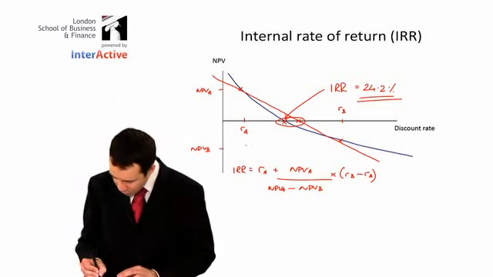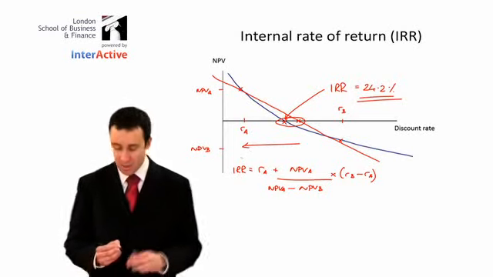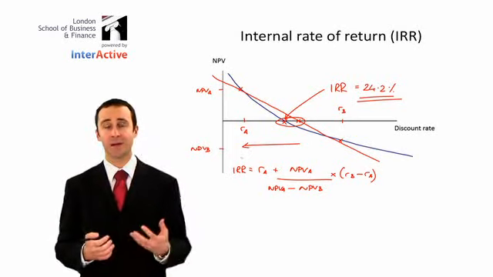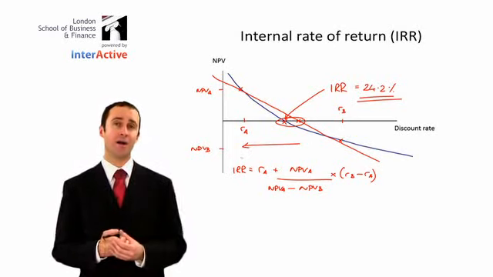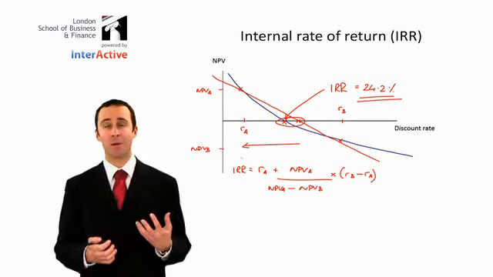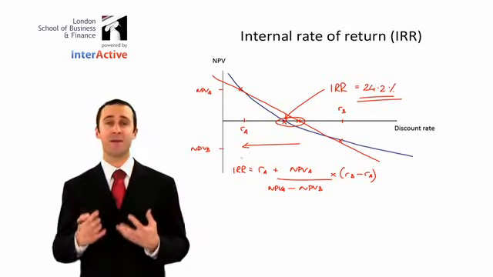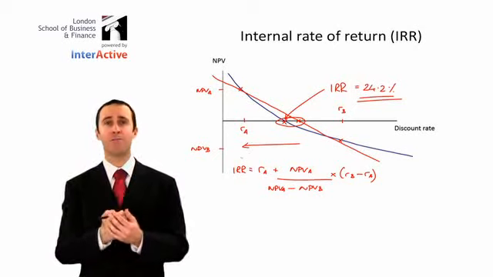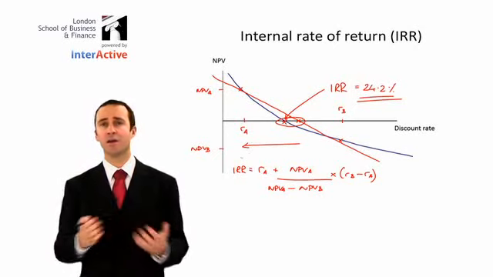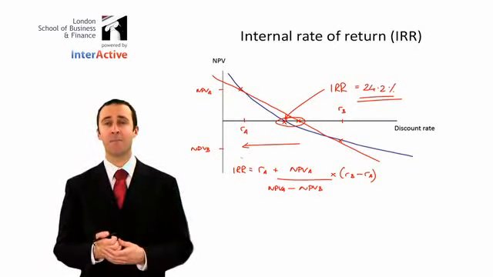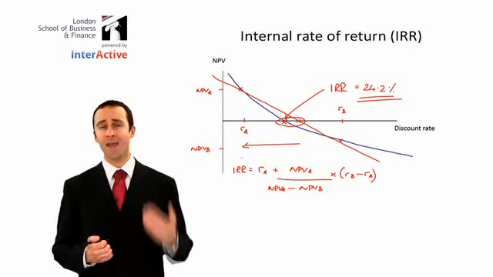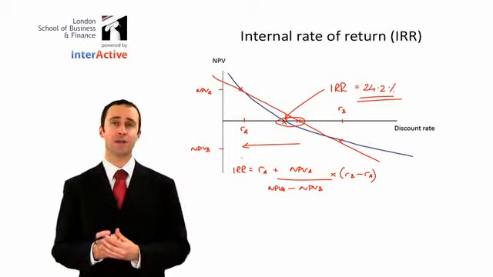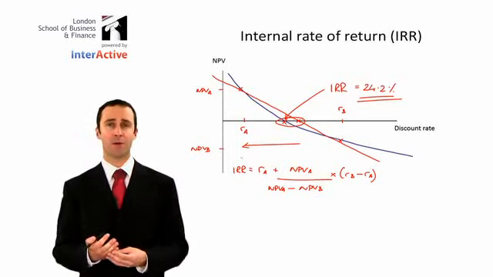So if you like, your discount rate was to the left of your internal rate of return. Your discount rate for the company was less than the IRR. Now, based upon what we have there, that's going to give us a positive NPV. Anything to the left of our IRR has a positive NPV figure. So therefore, our decision-making tool is that if your cost of capital is less than your internal rate of return, you will accept the project.